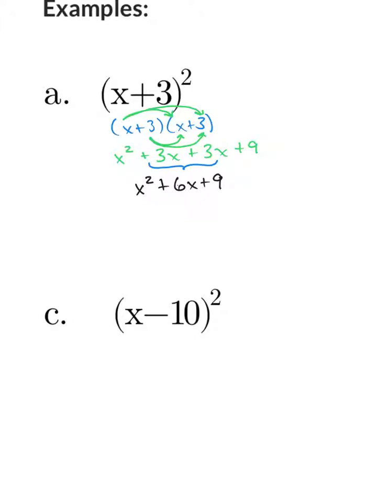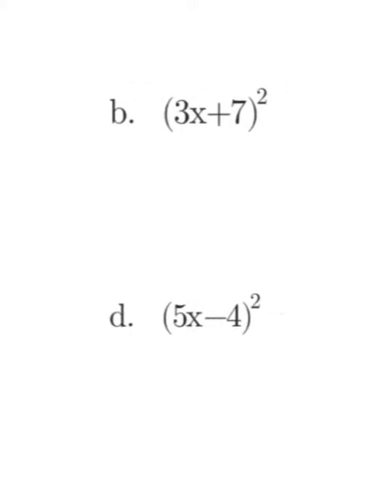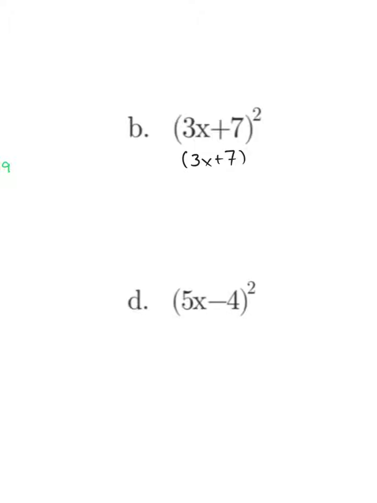Let's look at a couple other examples. Let's go over to example B. We have 3x plus 7 squared. Again, the first thing I want to do is write this in expanded form: 3x plus 7 times 3x plus 7. If we FOIL, my firsts, 3x times 3x, give me 9x squared.